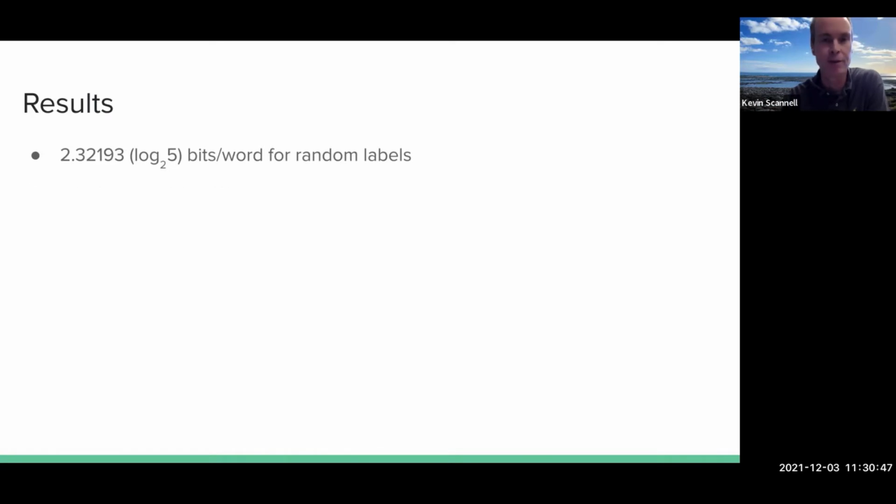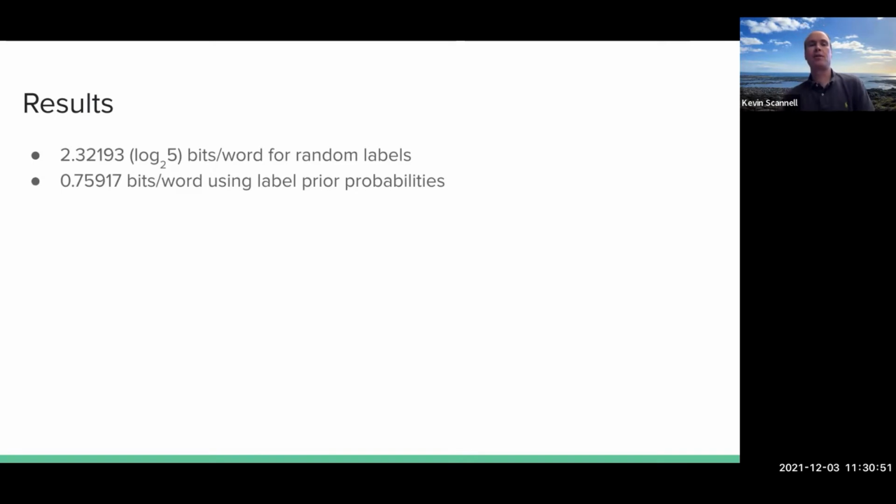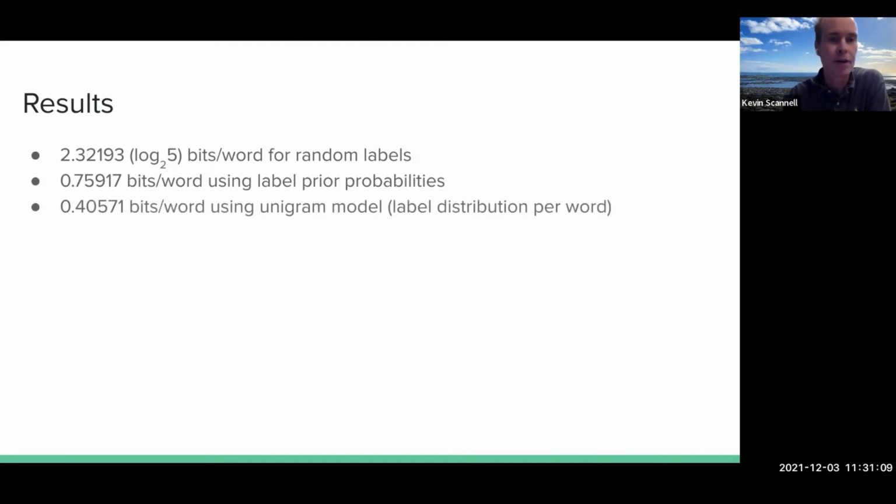It's a log base 2 of 5. If you do a very naive algorithm and I just say 20% of the words in Irish are lenited, so I'm always going to bet 20% on lenition and so on for the other mutations, then you would get a log loss of about 0.75. And so on for other baselines.